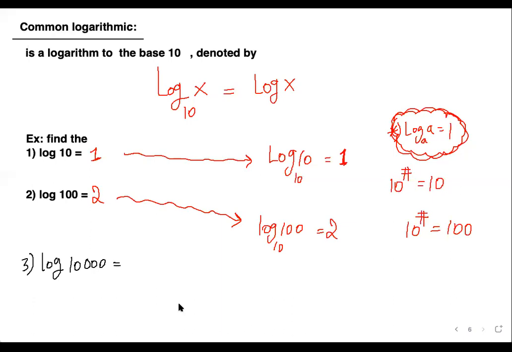Is it 4? Some students said 4, some students said 3. Okay, let's check. No, it's 10,000. So log of 10,000, 1, 2, 3, to the base 10, you have to ask yourself, 10 to which power gives me 10,000?